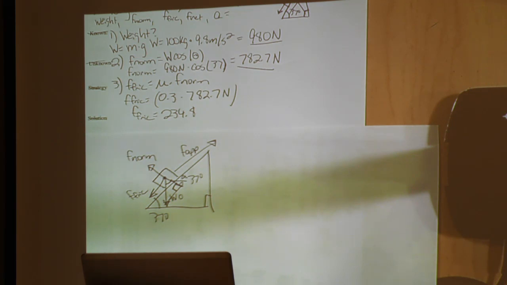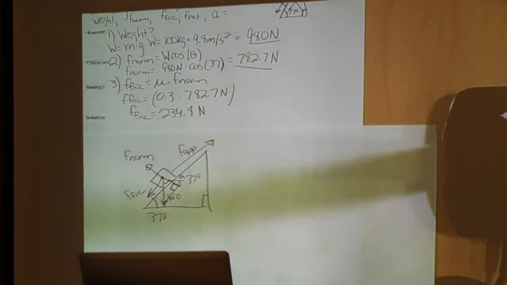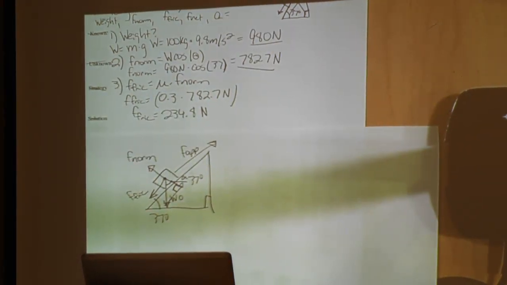Oh, sure. So in this case, you're pulling something up the incline, right? So we just calculated that the force of friction was 234.8 newtons. And the force applied in this situation is the 1100 newtons that you're pulling up. Yeah.